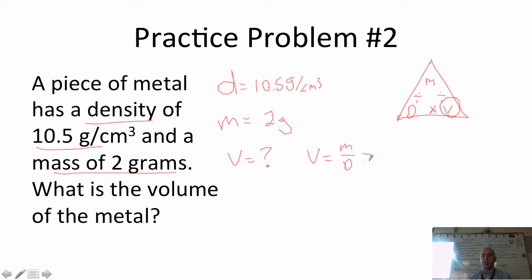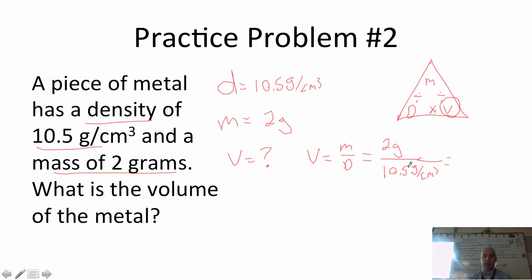So now I go and I plug in. I know that my mass is 2 grams. Density is 10.5 grams per cubic centimeter. So this is going to be interesting. 2 divided by 10.5. Did you get it, Allie? Yeah.